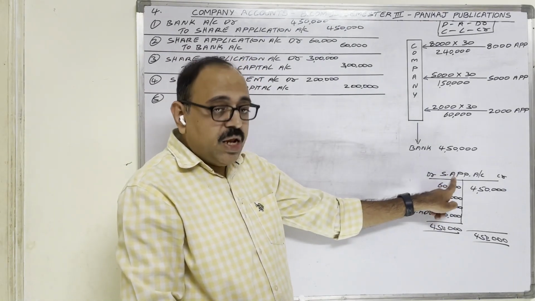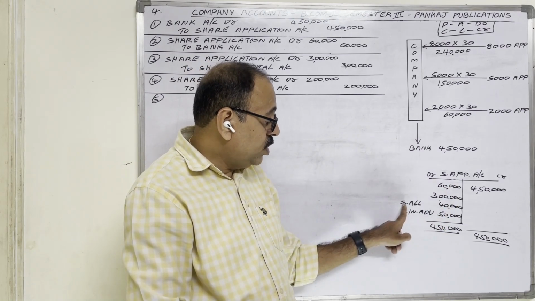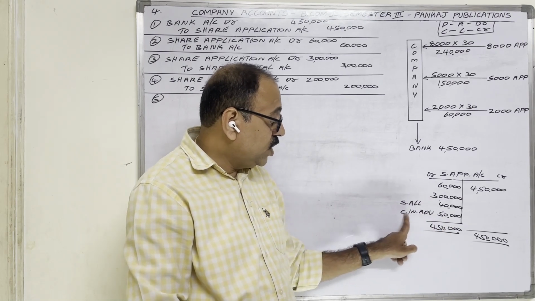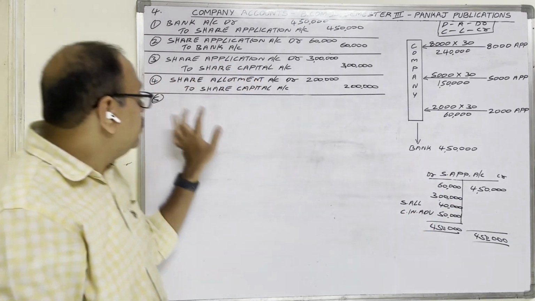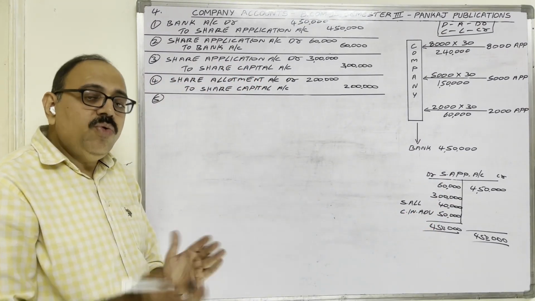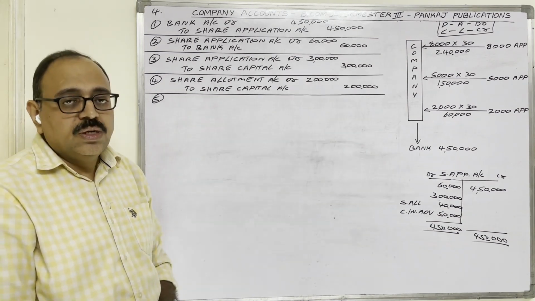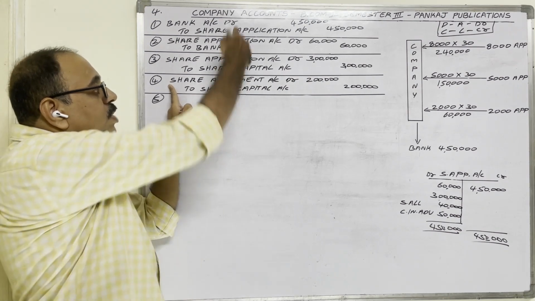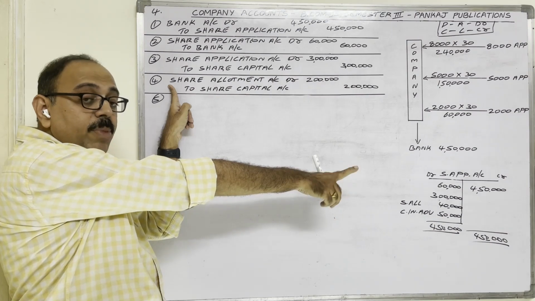See, from the share application account, 40,000 we should transfer to the share allotment account, and 50,000 we should transfer to the calls in advance account. For this, we have to write this fifth entry. When you transfer like that, the share application account will get closed. So, till the fourth entry, when you observe, in the share application account, a 90,000 credit balance is appearing.